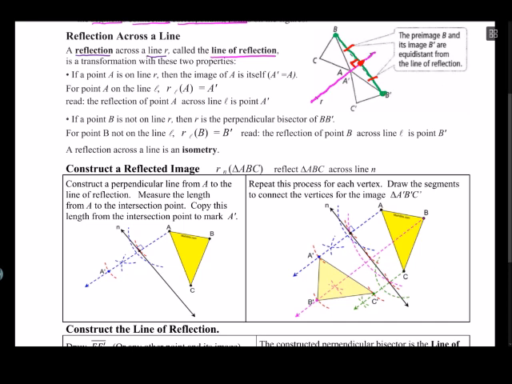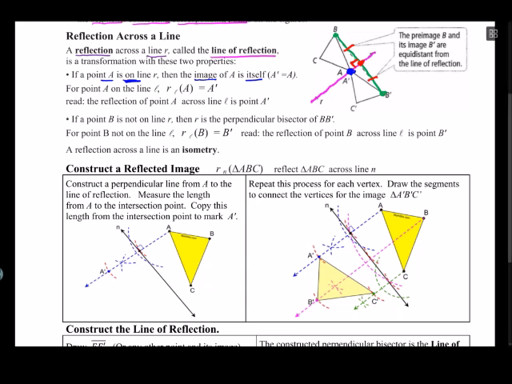A point A that is on line R, the image of that point is itself. So point A here does not move. This is like our center of rotation. So if you're on the line of reflection, you flip over and become the image A prime, but you do not change position.